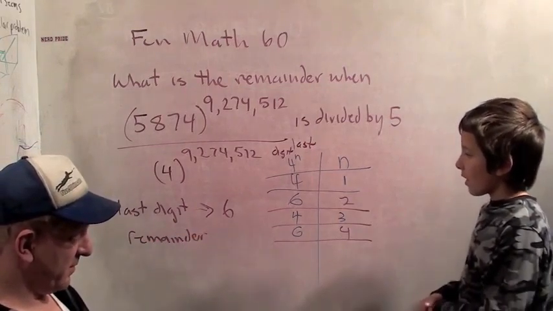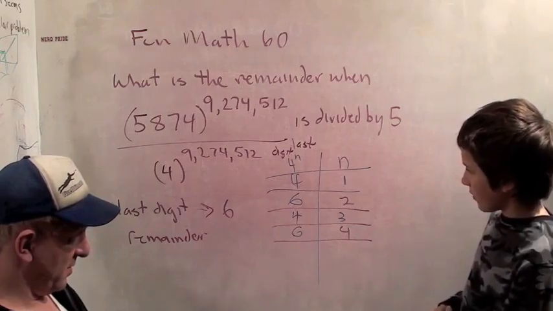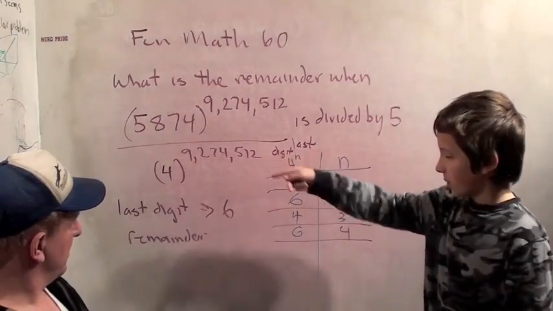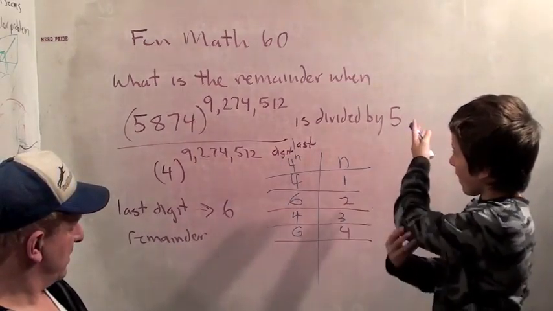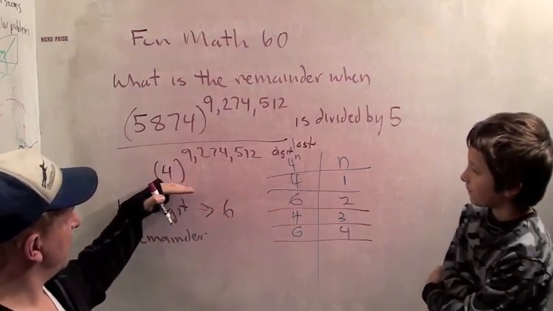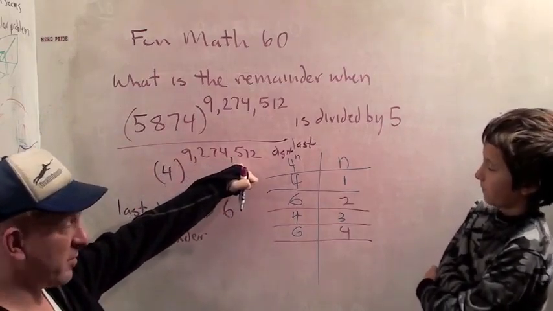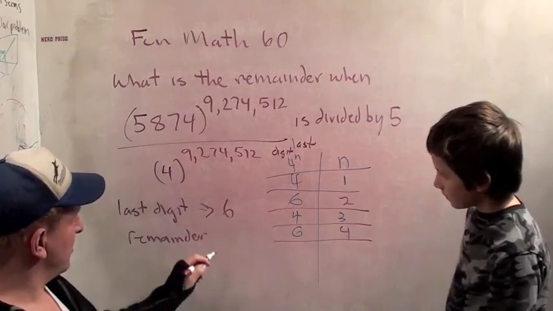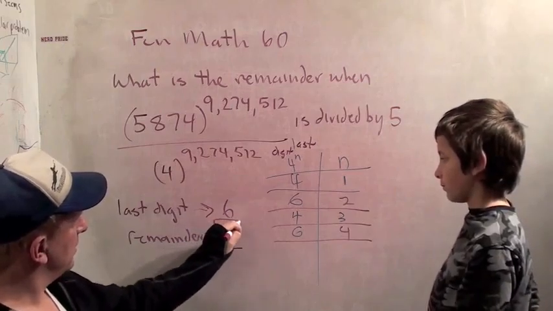When you divide 4 to the 9,274,512 by 5, all that matters is the last digit, which is 6. So the remainder will be 1.